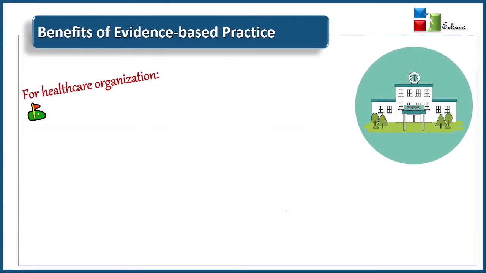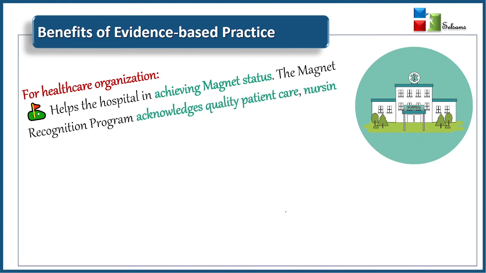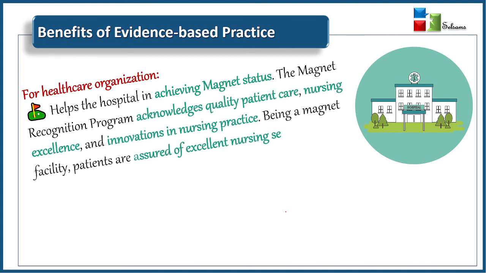So, what are the benefits for the health organizations? Something called a magnet status is achieved by hospitals in the US, which is a recognition program. It acknowledges the quality of patient care, nursing excellence, and the new things being implemented in nursing practice.